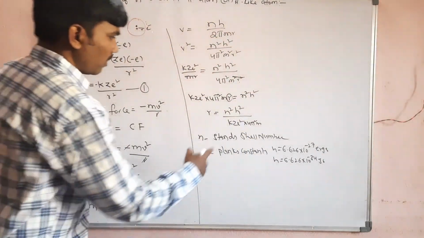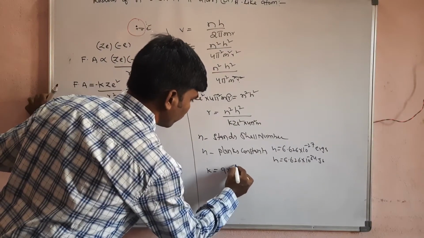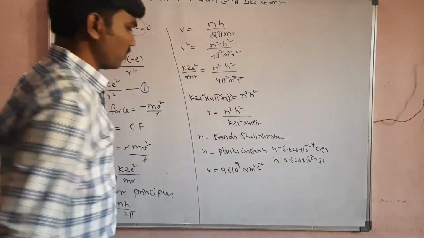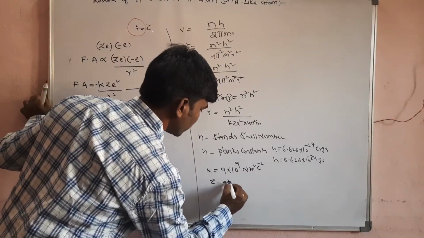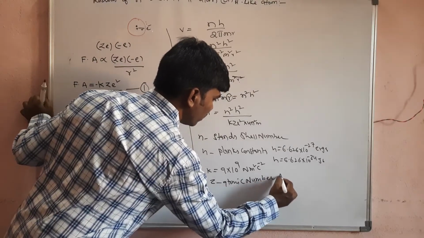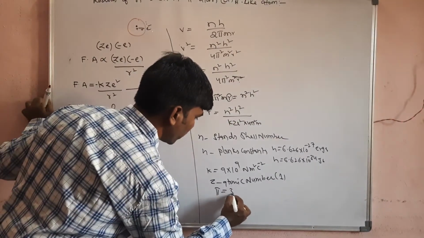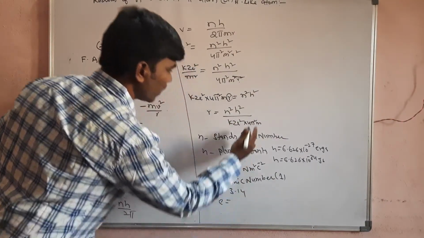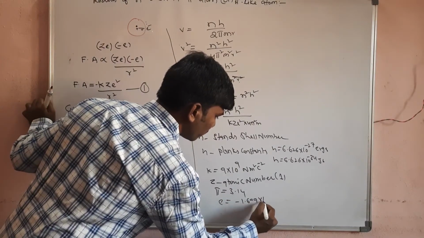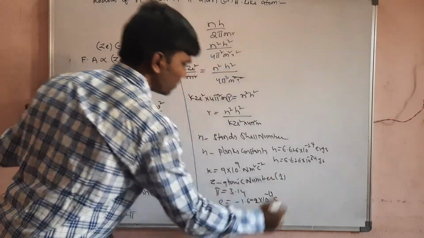K value is equal to 9 into 10 to the power of 9 newton meter square coulomb to the power of minus 2. Z is the atomic number; hydrogen atomic number is 1, so for hydrogen this value is 1. In the 4 pi square term, 4 is a constant and pi is 3.14, and e is the charge of the electron, 1.602 into 10 to the power of minus 19 coulombs.